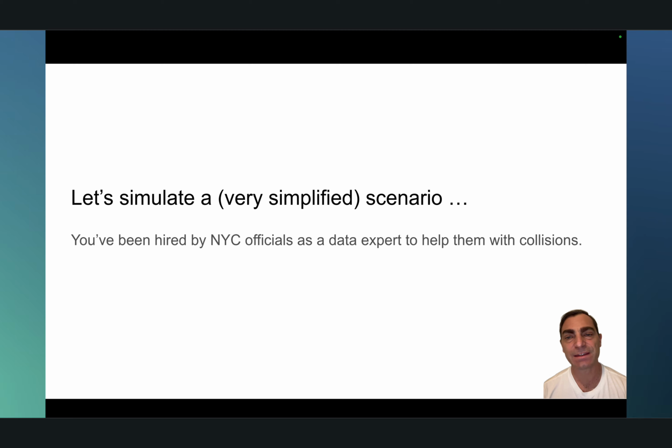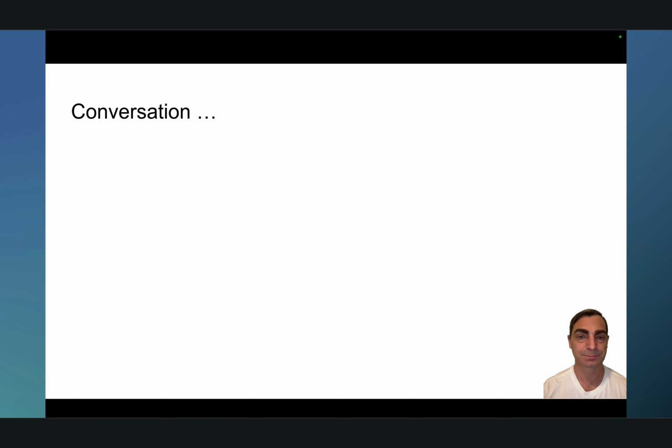So let's simulate a scenario to walk you through these steps, once again using the New York City vehicle collisions dataset. Now, this is a very simplified scenario, super simplified. In reality, things tend to be way more complex than that, but I want to show you this scenario as an example of what can happen and how in practice using these steps and data questions can help.